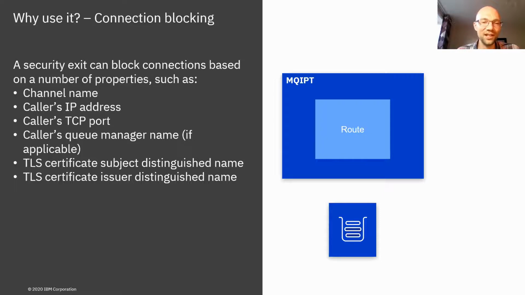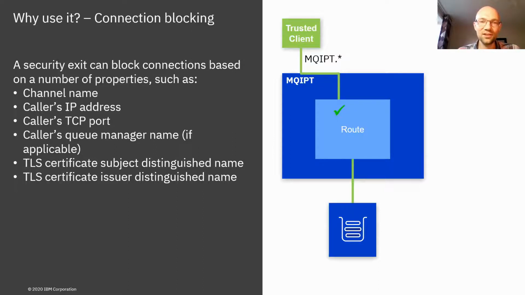MQIPT does not make the connection onwards to the queue manager. Whereas if a client connects using the correct channel name, one that's been allowed in the MQIPT configuration, then it is allowed to connect onto the queue manager, and MQIPT forwards that connection. There are various other properties about the connection that you can check.